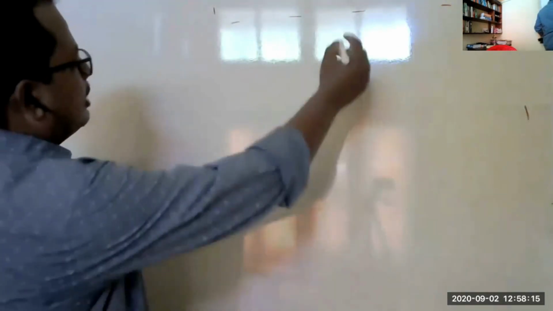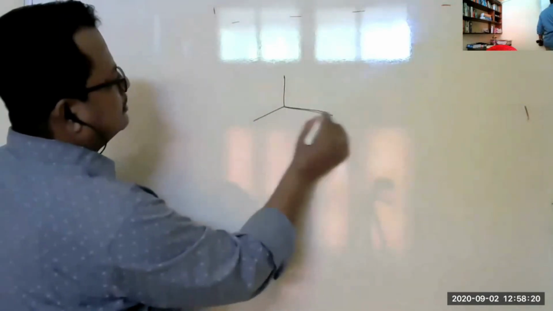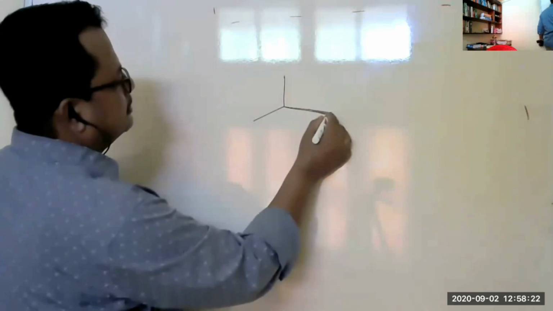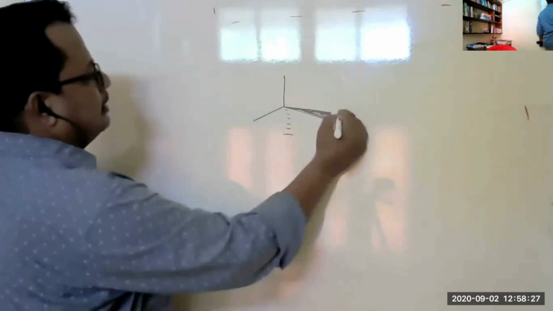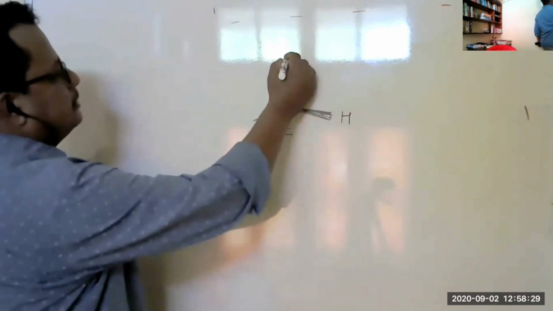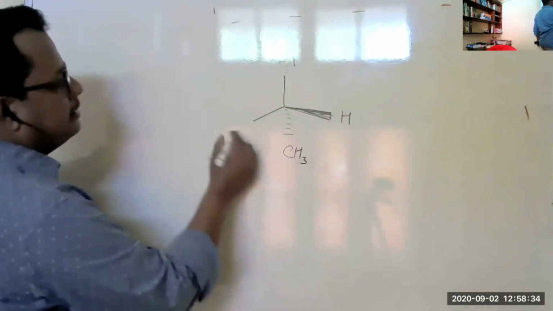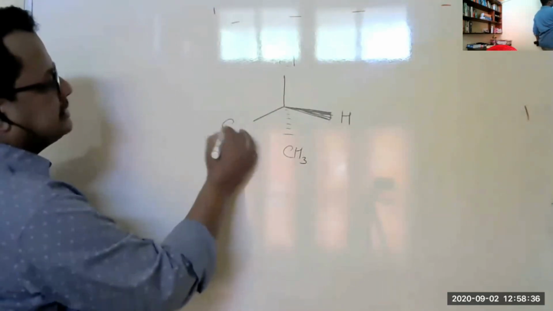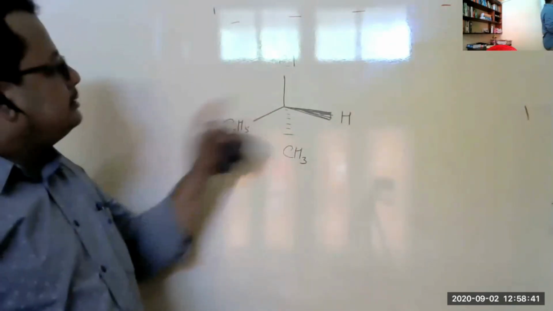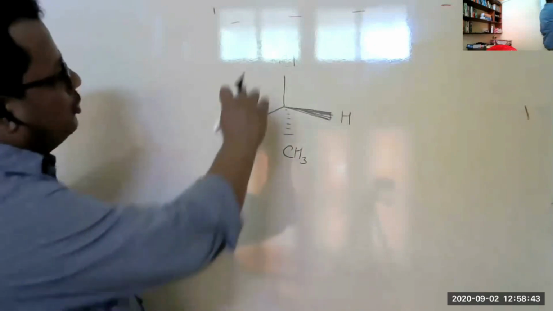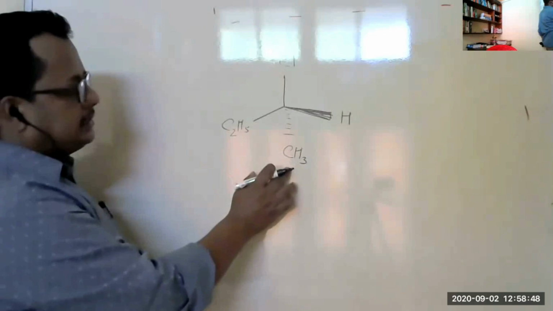So suppose we have this molecule. Suppose we have hydrogen here, chlorine here, a CH3 group here, and a C2H5 group here. So this carbon is attached to 4 different atoms or groups: hydrogen, chlorine, ethyl group, and CH3 group.